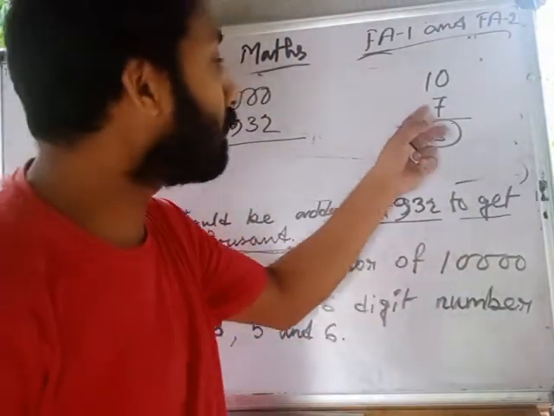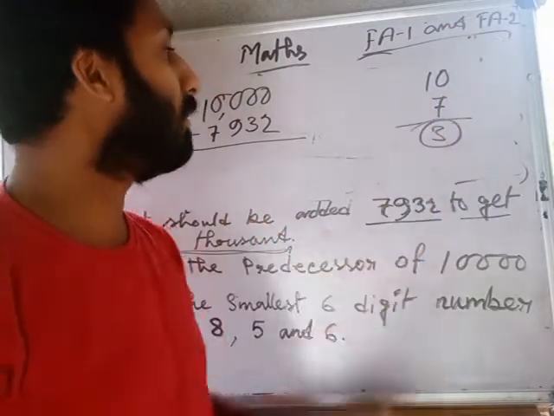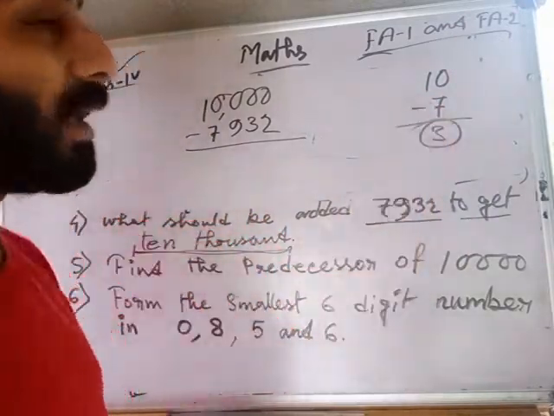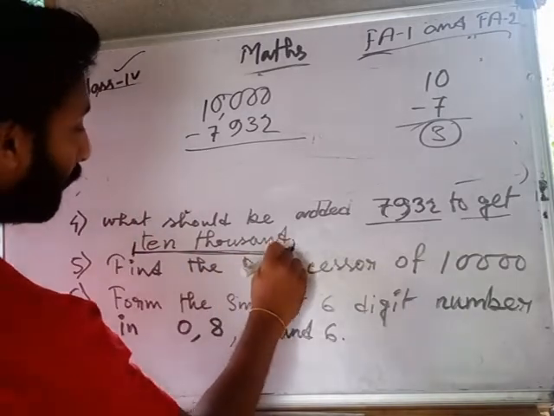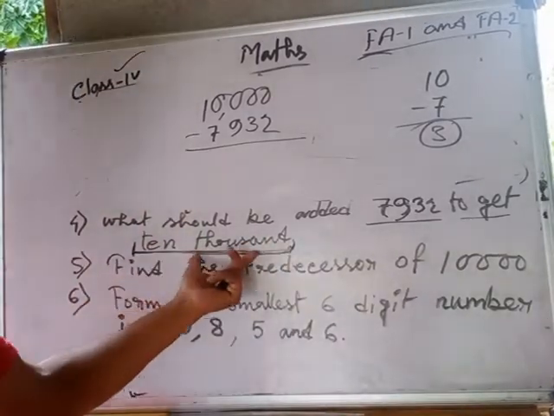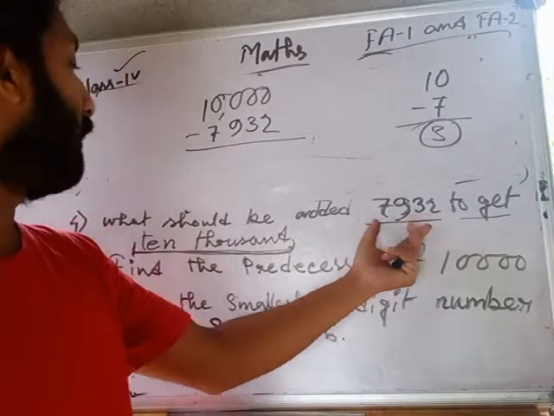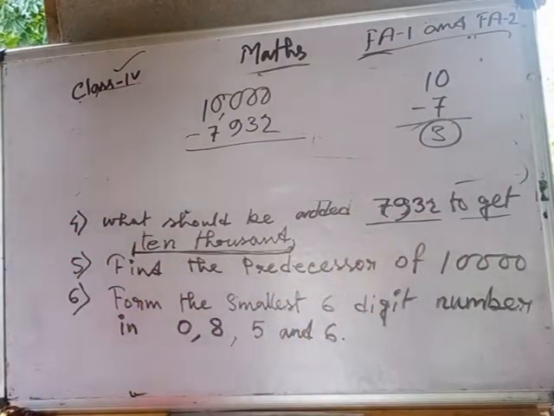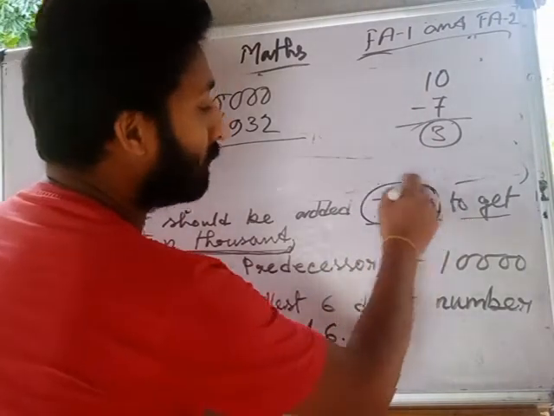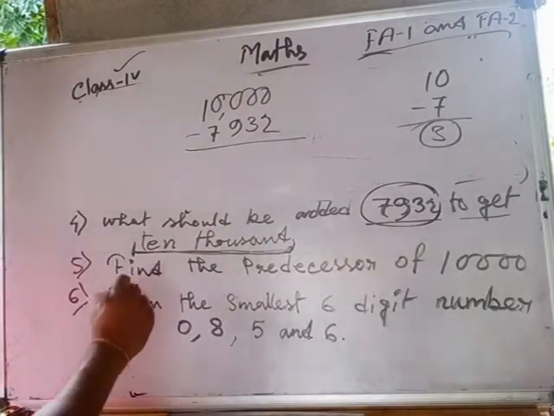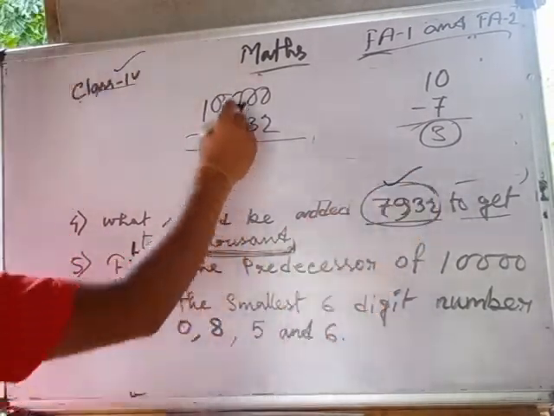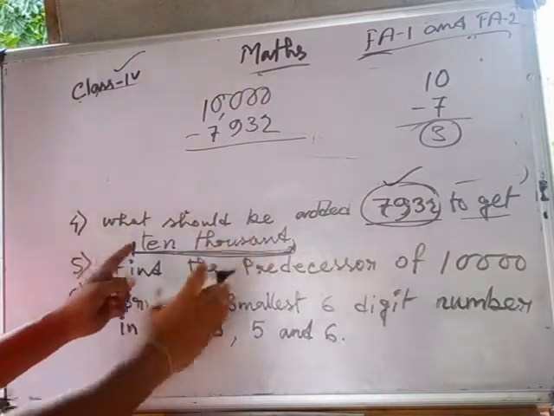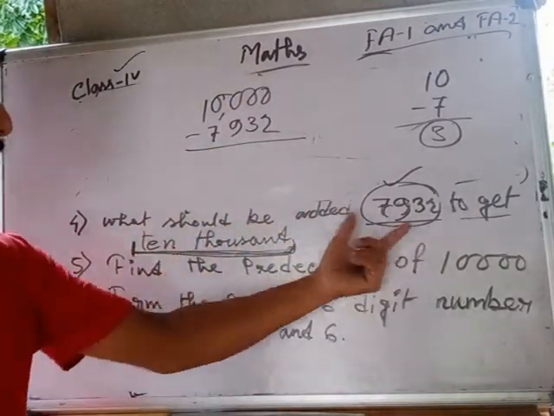Because after 7 comes 8, 9, 10. That's why we should subtract this number from the number we want to get, because the number we want to get is obviously more than these numbers.